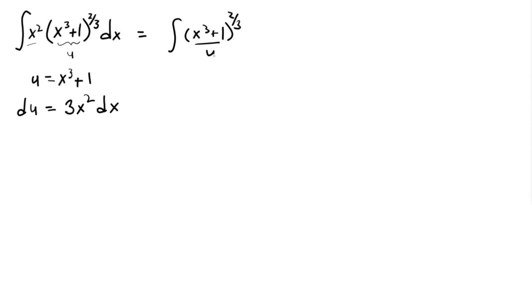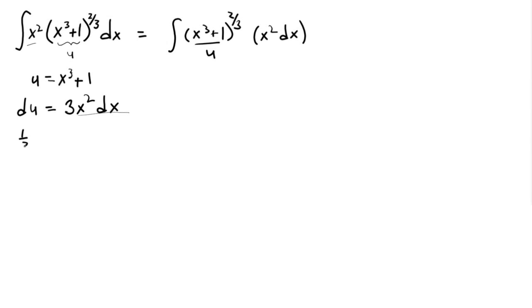And then I've got x squared dx. That's not quite what I have for du. I'd like to have x squared dx for du, but I can get that pretty easily just by dividing that 3 out, and I can do that as long as it's just a constant.